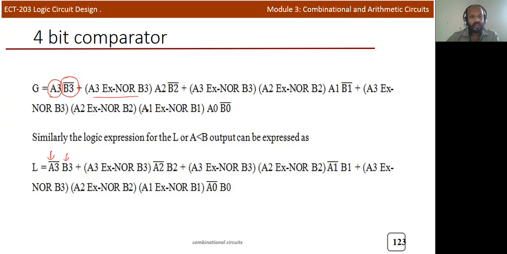The next ones are XNOR, same as before. Then A2 B2 bar becomes A2 bar B2. The other XNOR operations are the same. A1 B1 bar becomes A1 bar B1, just opposite. And finally A0 B0 bar in the G function becomes A0 bar and B0 in the L function.